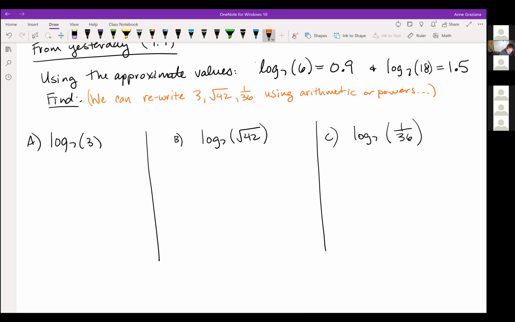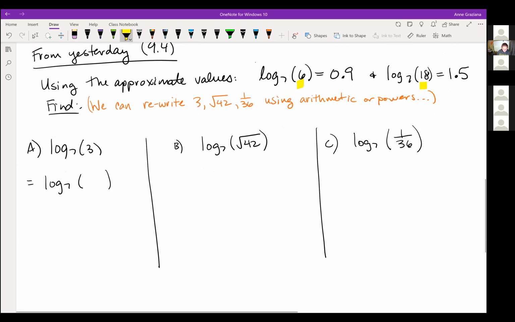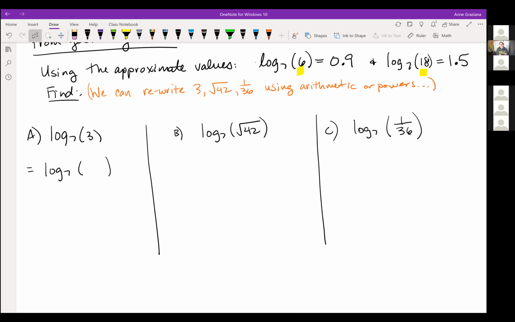Let's start with log base 7 of 3. I want to rewrite 3 using what I know about these other inputs, like 6 and 18. How can I rewrite 3 using those two numbers? You could do 18 divided by 6.